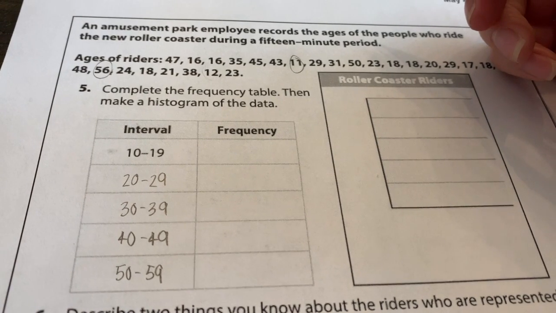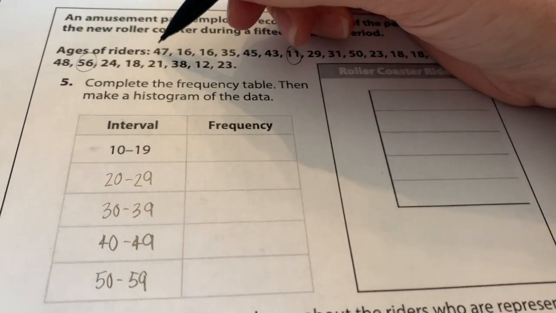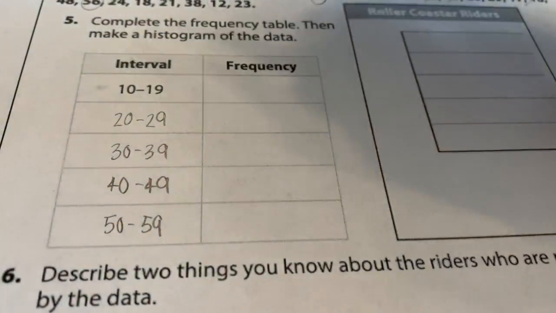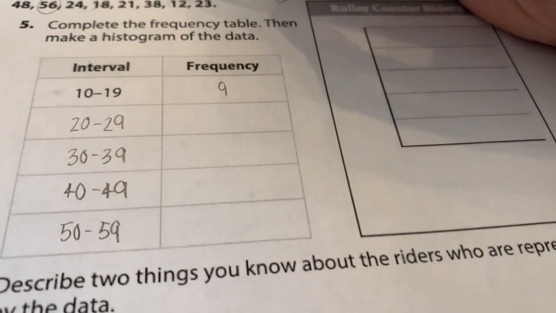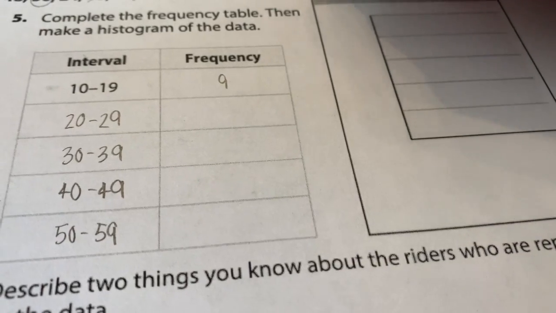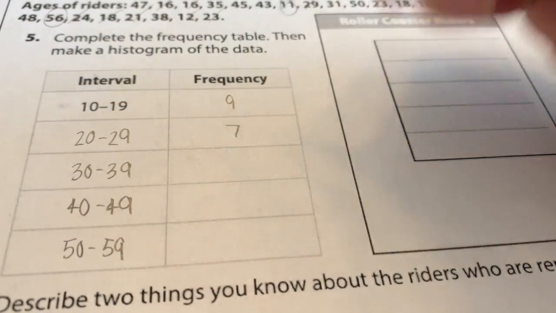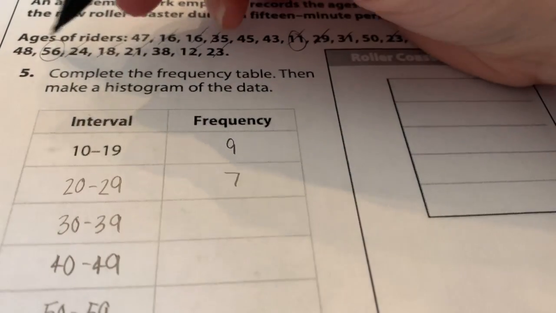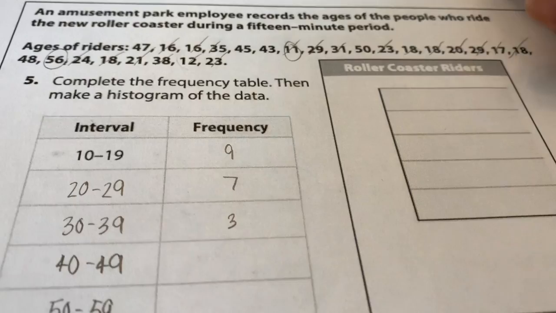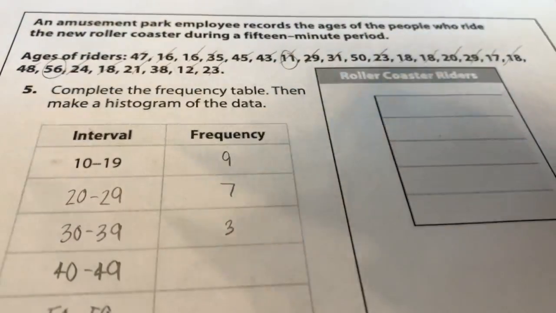So people between the ages of 10 and 19, let's do that. So we've got 1, 2, 3, 4, 5, 6, 7, 8, 9. 9 people between the ages of 10 and 19. 20 to 29: 1, 2, 3, 4, 5, 6, 7. 30 to 39: 1, 2, 3. 40 to 49: 1, 2, 3, 4.